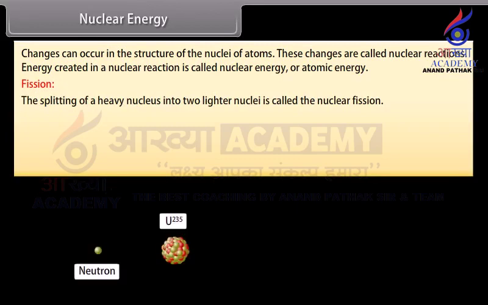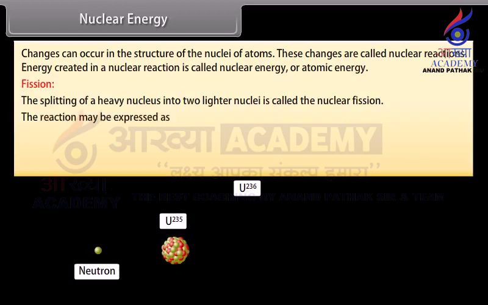When a slow neutron strikes a uranium-235 nucleus, it is absorbed by the nucleus and an unstable isotope of uranium, U-236, is formed, which immediately breaks into two fragments emitting 2 or 3 neutrons with release of enormous amount of energy.